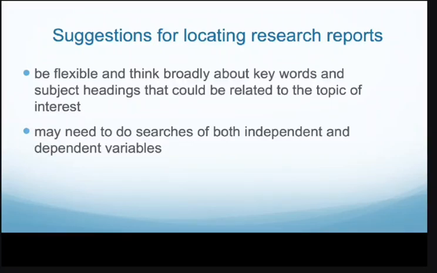In order to find research reports, be flexible, think broadly about key terms. If you're a radiation therapy student, you might search radiation therapy and radiotherapy. If you're a sonography student, you may search ultrasound and sonography both. And you may need to do searches of both your independent and your dependent variable within your hypothesis.